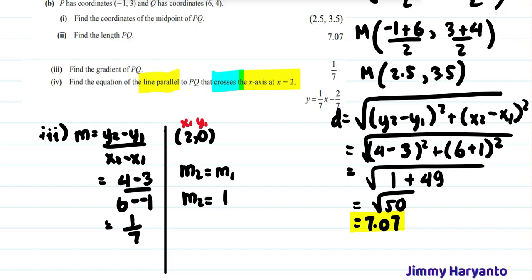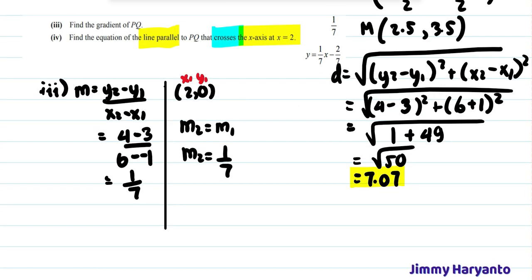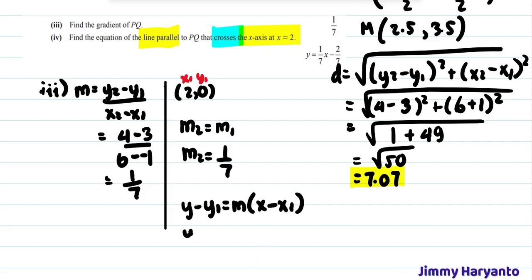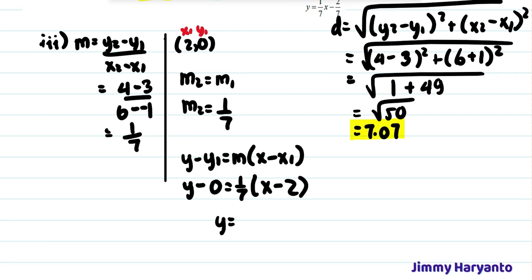So the second gradient will be the same, which is 1 over 7. And then you will use this formula, y minus y1 equals m times x minus x1. The y1 is 0, the gradient is 1 over 7, x1 equals 2. So y equals 1 over 7 x minus 2 over 7. Okay.